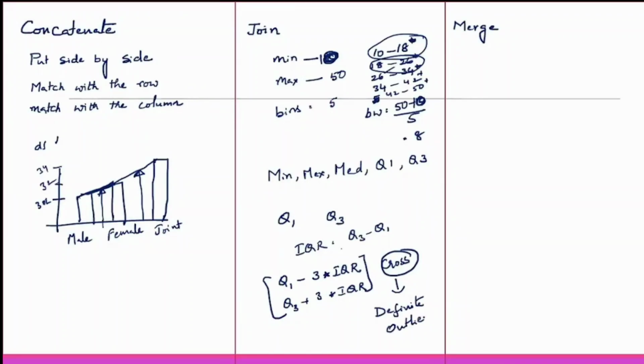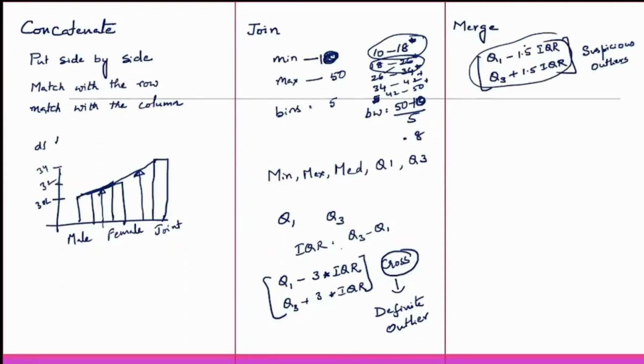These are called definite outliers. But if it is just 1.5 interquartile range below Q1, or above Q3, you can very well call them suspicious outliers. Possibly these are the starting point of the outliers.